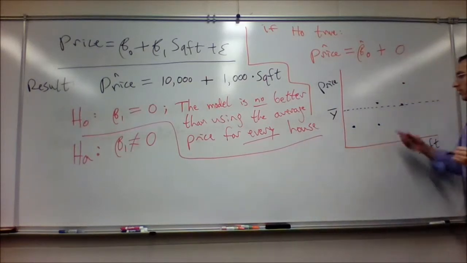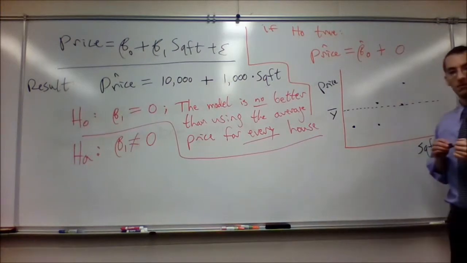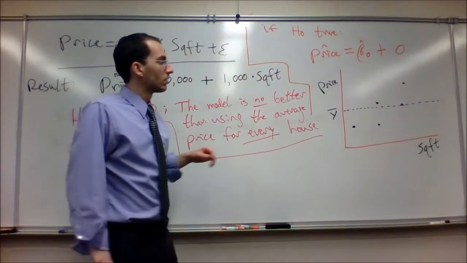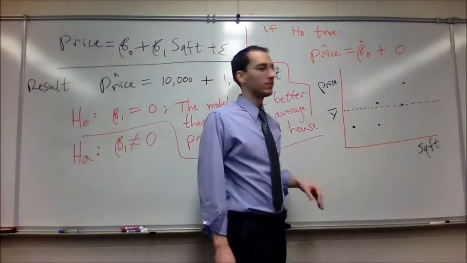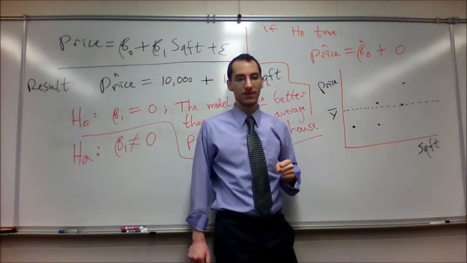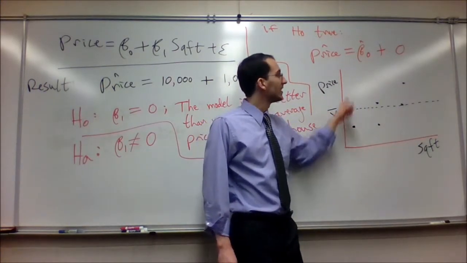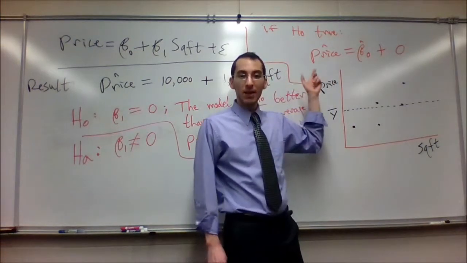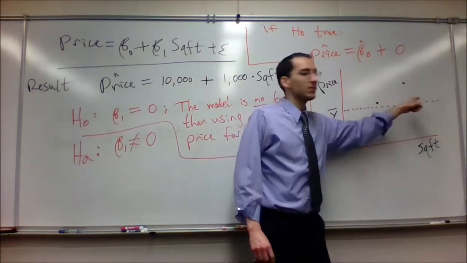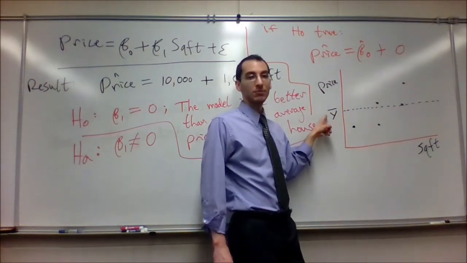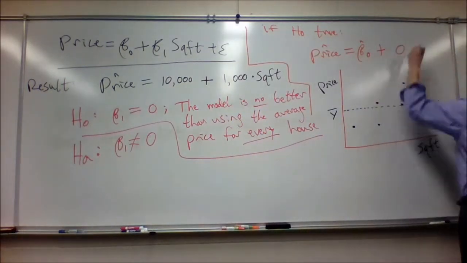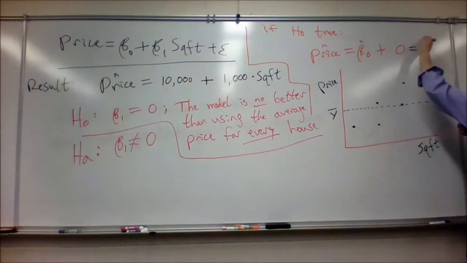Call it Y bar right through here. A slope coefficient of 0 is a straight horizontal line. And so what that's telling me is that if the null hypothesis is true, then my model is just one value, the average housing price, which will be this intercept beta 0.